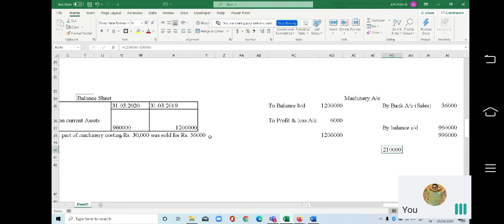Hello? If I subtract the amount, how much you are getting it? Tell me. Students, tell me if I subtract this amount, how much I'll get?